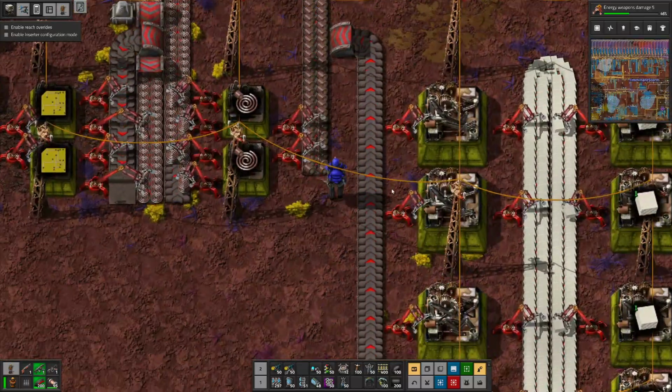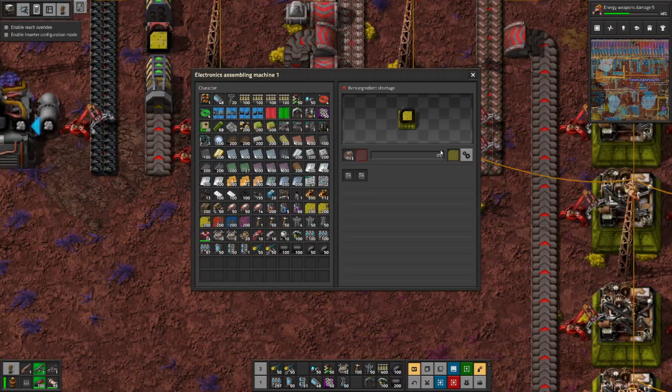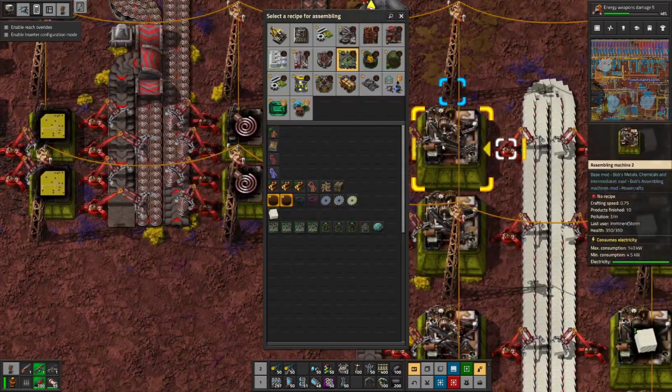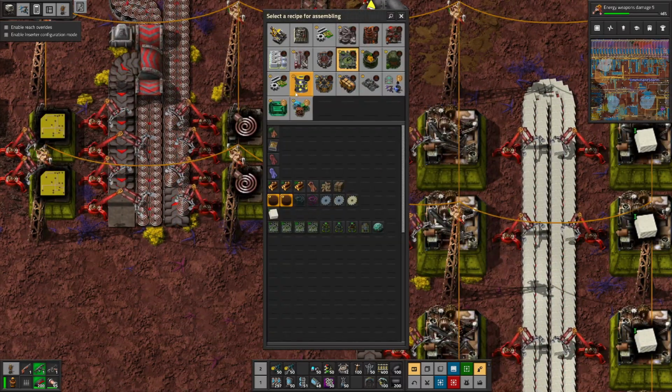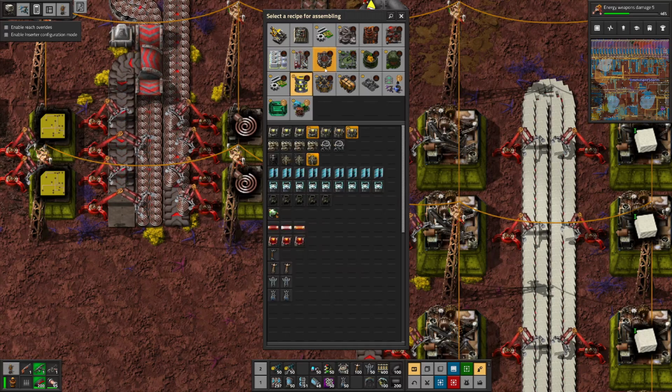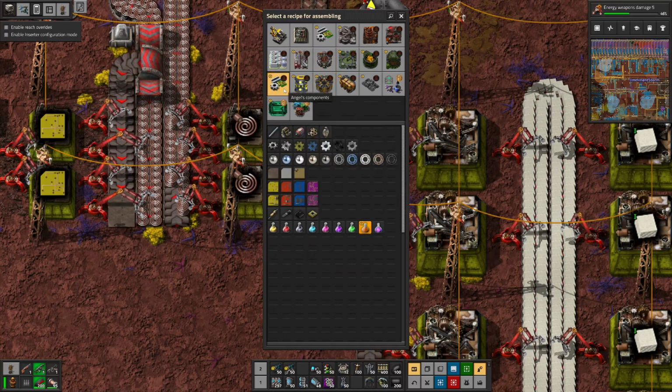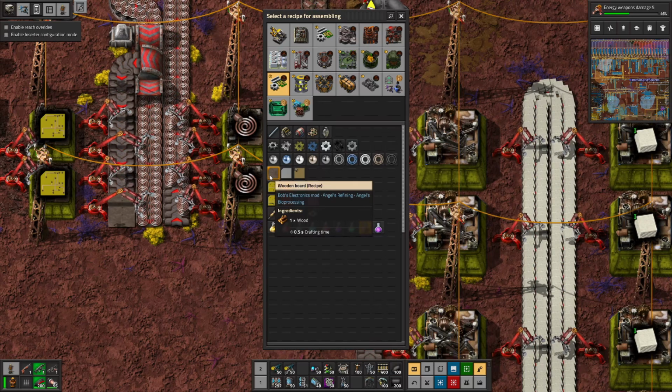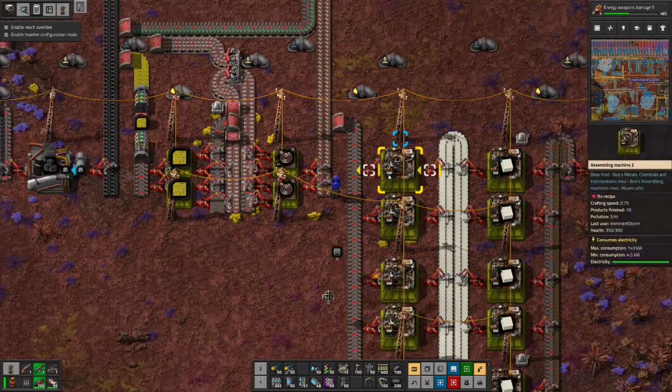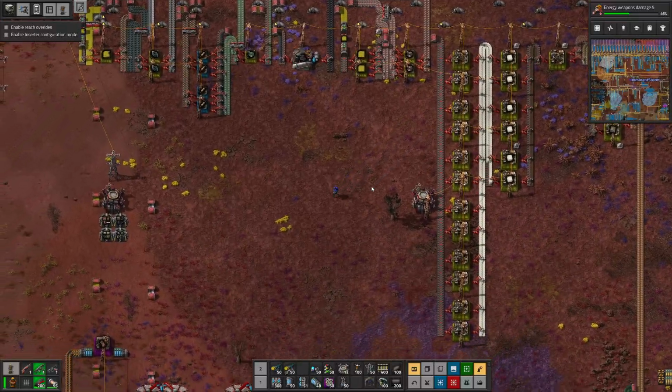Okay, so what is this supposed to be? Wooden boards. Wooden boards wants wood. Okay, actually, hold on.